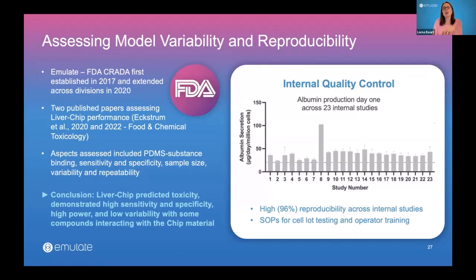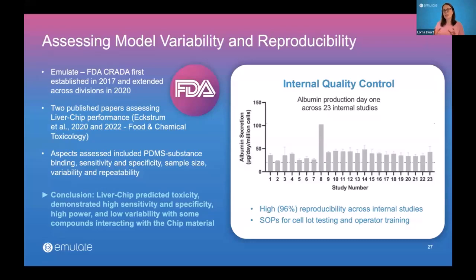And indeed, their conclusion was that actually liver chip does predict toxicity and has a high sensitivity and specificity. And in terms of our sample sizes, we were around 3 to 4, depending on the endpoint that you wanted to measure, although they were a little bit concerned about the PDMS material, which we understand. So this was really nice external endorsement that our platform can be situated in an external laboratory.